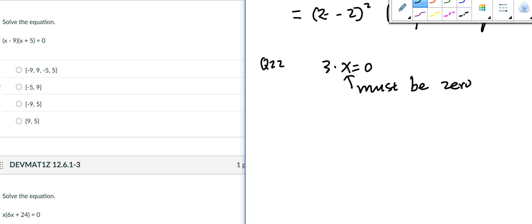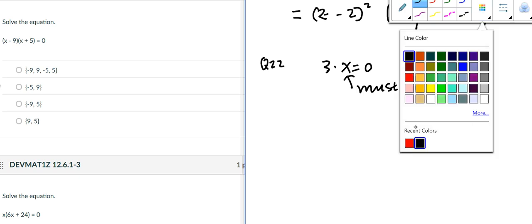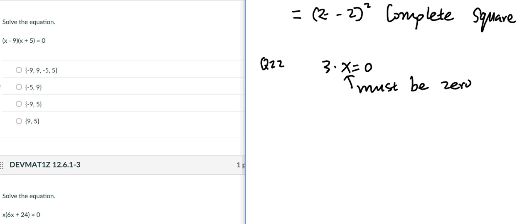Another way of thinking about this is both sides divided by 3. So you have here 1. 1 times x is x, and here gives you 0. 0 times 3 is 0. So x is 0.